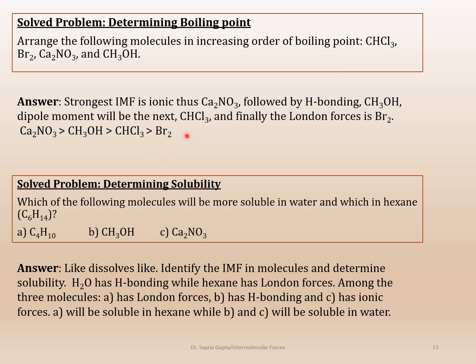Dispersion is the least. This is going to be the highest boiling point or melting point, and this is going to be the lowest. Bromine is going to be the lowest. Now, here is an example for solubility.